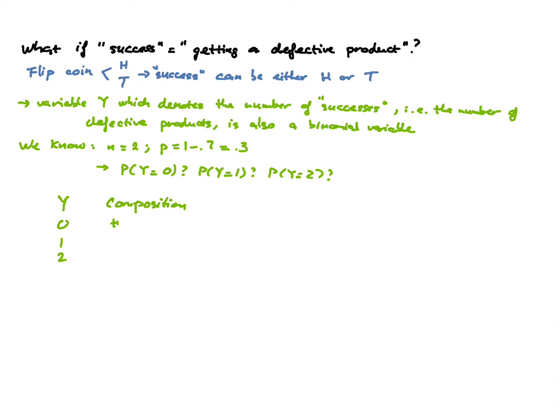So here we have 2 A's. If I have 1 defective product, that means I have 1 D and 1 A. And then when I have 2 defective products, then I have 2 D's, right?